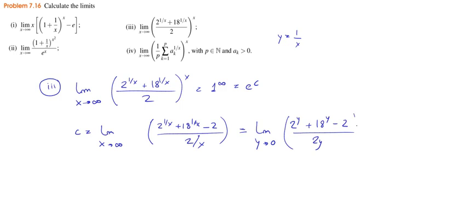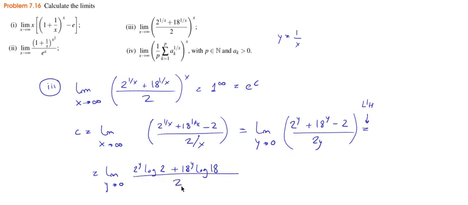Okay, the limit is still 0 over 0, but this is easier to deal with, right? And so let me write it here. This is the limit when y goes to 0, and then we have the derivative of the numerator, 2 to the y logarithm of 2 plus 18 to the y logarithm of 18, divided by 2, right? If I'm correct.